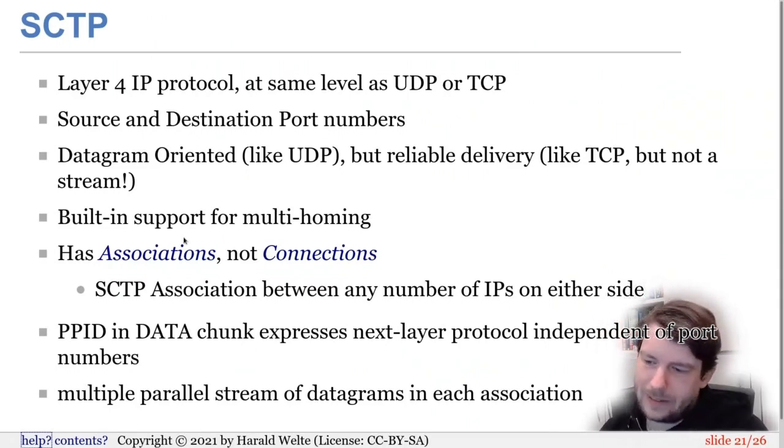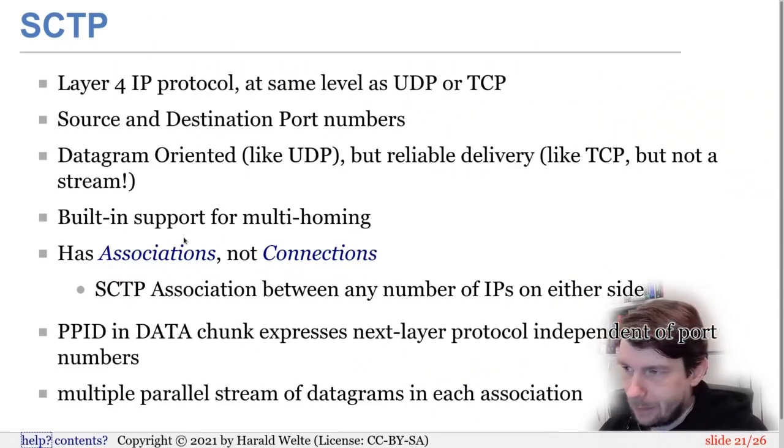It also has two parts that make it different from TCP or UDP. In TCP or UDP, basically the only knowledge of what higher level protocol you're using, let's say HTTP or SMTP, is the port number. There's a convention that HTTP is spoken over port 80 or HTTPS over port 443. In SCTP, in addition to the port numbers, there's a so-called payload protocol identifier field in each message, which tells you what the payload protocol is.